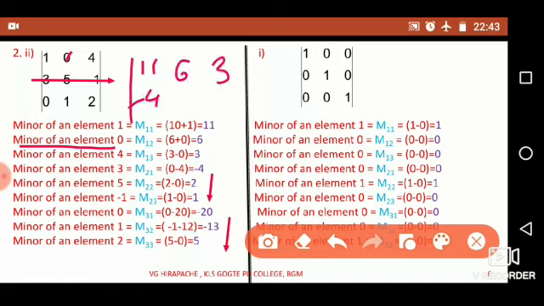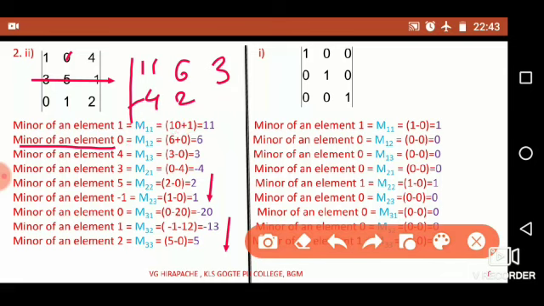Second row elements are minus 4, 2 and 1. The last row elements are 20 and minus 13, and the last element of this determinant is 5. These are the minors of each and every element of the given matrix.